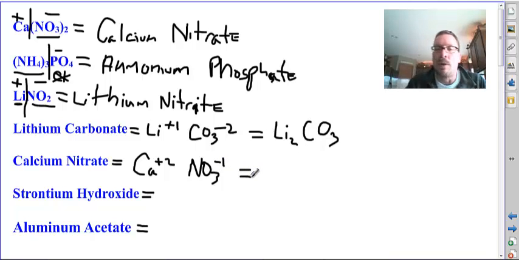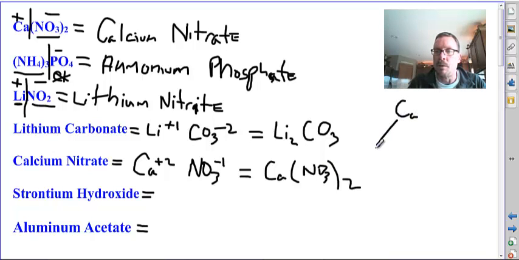If I need more than one polyatomic ion, then I have to put it in parentheses to denote that I'm using multiples of those. I cannot do any crazy kind of mathematics with the 2 subscripts. That is the proper showing. Right there, calcium nitrate, showing I have 2 of those nitrate groups bound to a calcium.